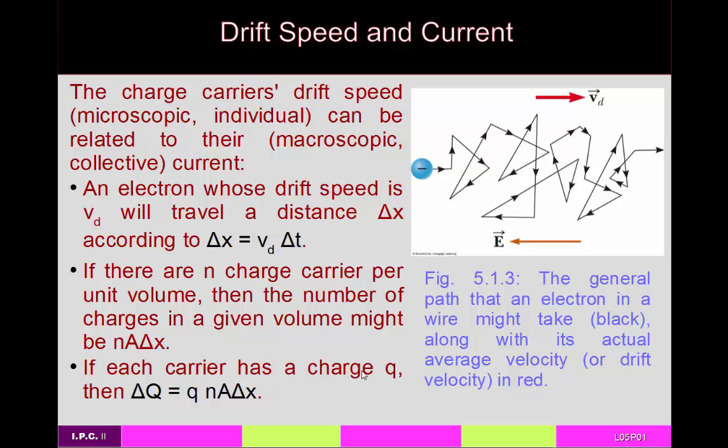And so if each of these charge carriers has a charge little q, maybe its little q is about 1.602 times 10 to the minus 19 as per an electron, then the total charge that passes through a volume is going to be little q times the number of charges, which is q n A delta x.